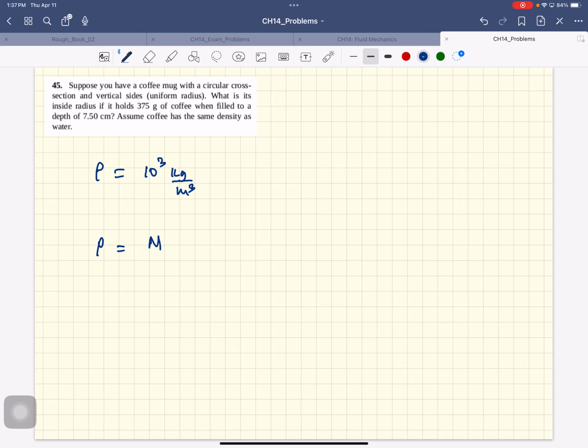Density is mass over volume. Mass is density times volume. And for a cylindrical object, volume is area of cross section times height.